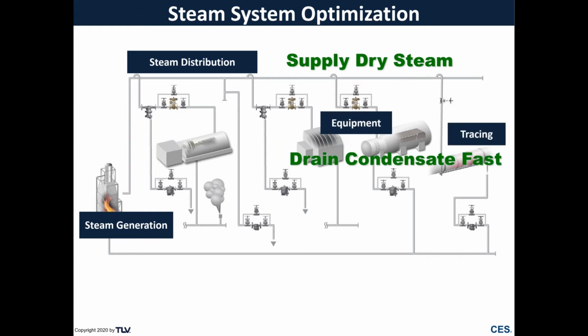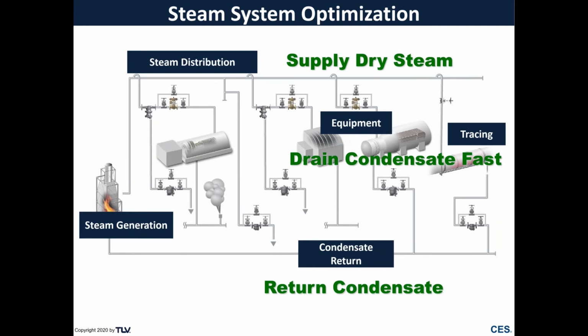And with that equipment, we want to drain that condensate as fast as possible to maximize our heat transfer and equipment performance. And to optimize overall energy consumption and optimize our system, we want to return as much condensate as possible. So today we're going to be focusing on that lower section of returning that condensate and recovering that energy.